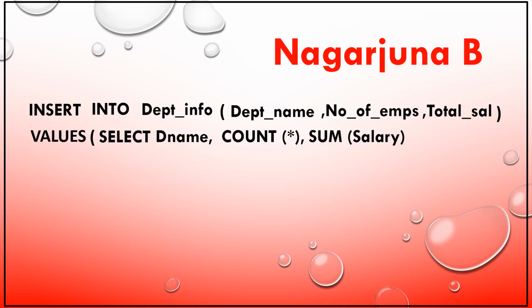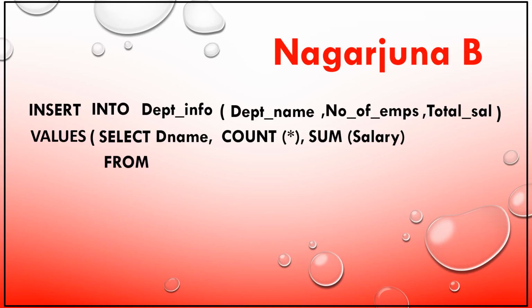The first gives the name of the department, the second gives the total number of employees working for that department, and the third, the sum of salary, gives the total salary by considering each department separately. That means each department is calculated separately, according to the department name.